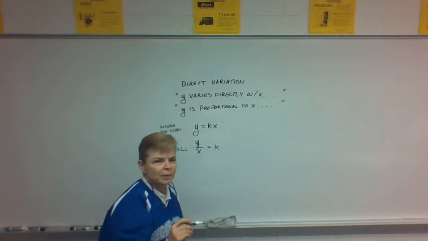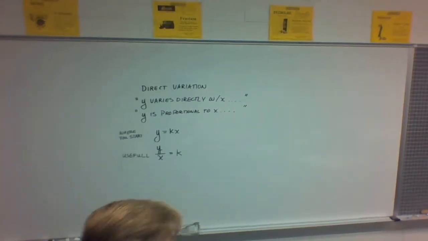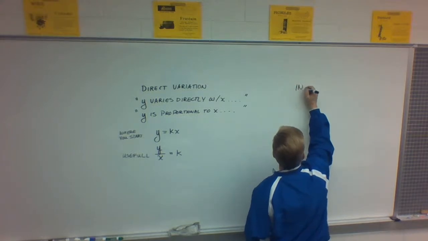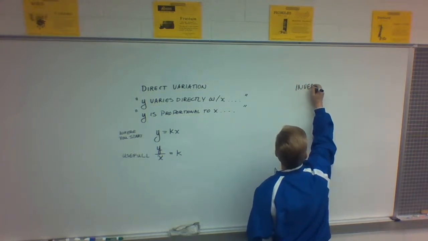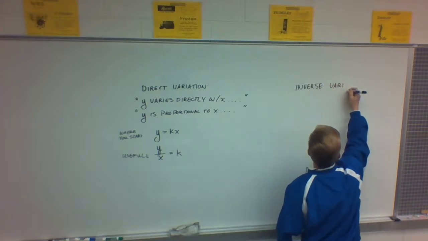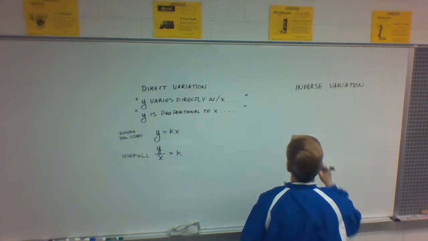All right, I put that right smack in the middle of the board, so I'm going to swing this way just a smidgen. Now this is inverse variation, which is what most of this chapter is about, but it's nice to know opposites when you see them. For inverse variation there's only one phrase. When they mean inverse, they'll write inverse.